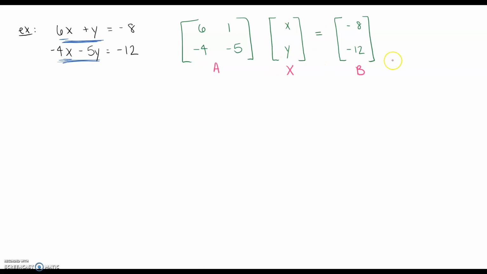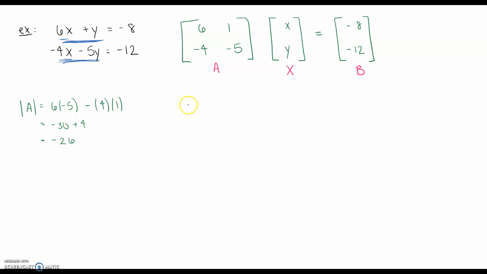So we want to multiply by the inverse of A so that we can get X by itself and solve. So what that is going to look like, we need to find the determinant. So the determinant of A is going to be, remember, the diagonals minus the multiplying of the diagonals. So 6 times -5 minus -4 times 1, which is -30 plus 4, which is -26.